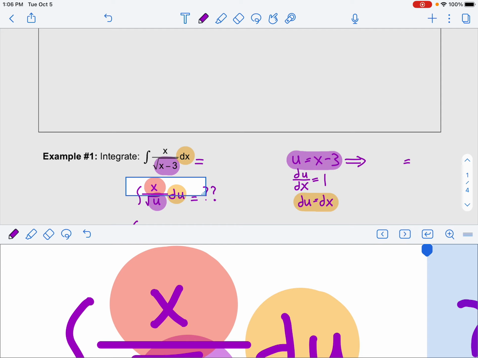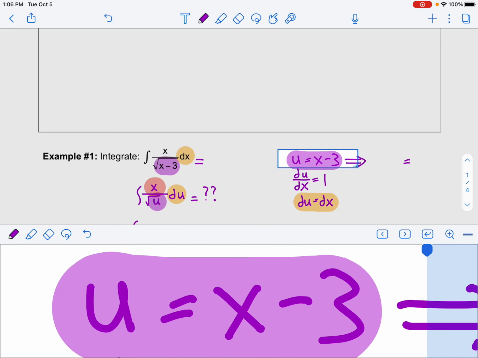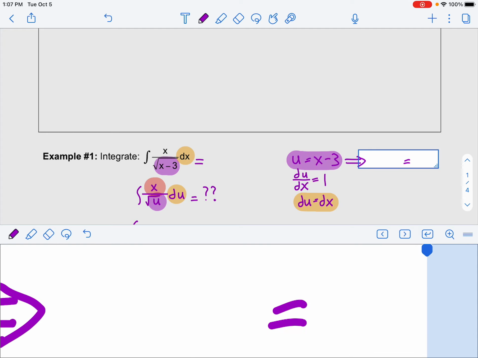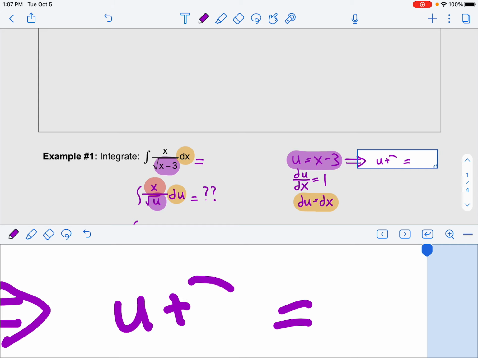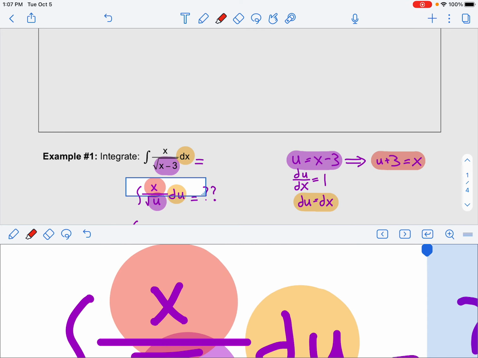Okay, so one thing we can do is we can take what our U substitution was, right, which was u equals x minus 3, and we can go ahead and rewrite this to solve for x. So I can say that u plus 3 is equal to x, right? And now I have a value for x in terms of u, so I can go ahead and plug that in.